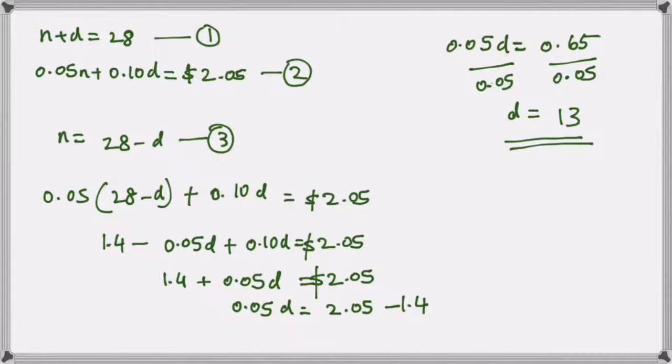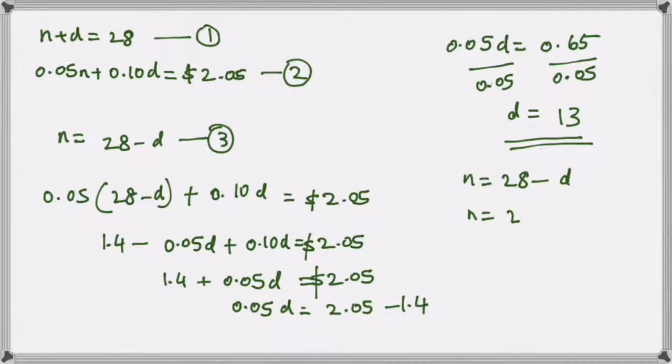So now you got d. What you can do is substitute d in this equation with 13, and you can get the value of n. So n equals 28 minus d, but you know d is 13.